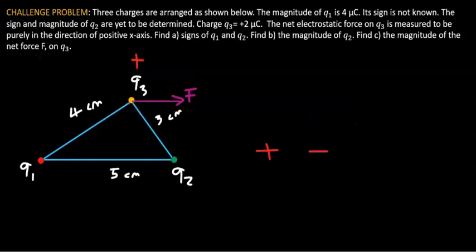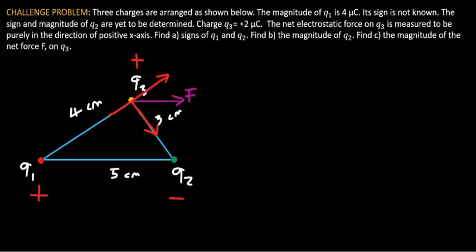That would leave us with the last possibility, namely Q1 is a positive charge and Q2 is a negative charge. Under this scenario, Q1 would repel Q3 along that direction, and Q2 would attract Q3 in that direction. This would mean that the net force would have a positive x component to it.